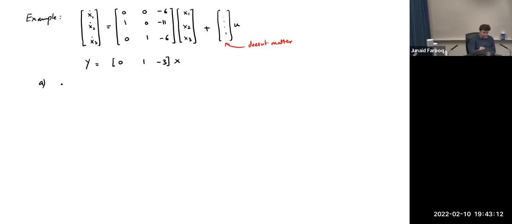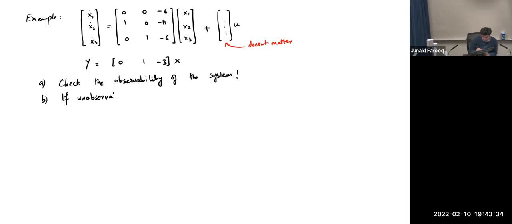Okay, so two questions. One is to check the observability of the system. And the second is, if unobservable, reduce it to an observable system.